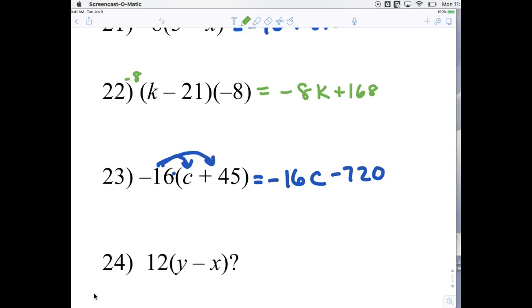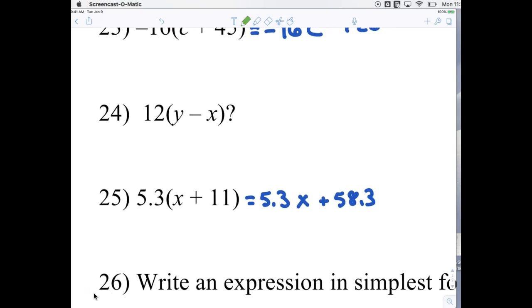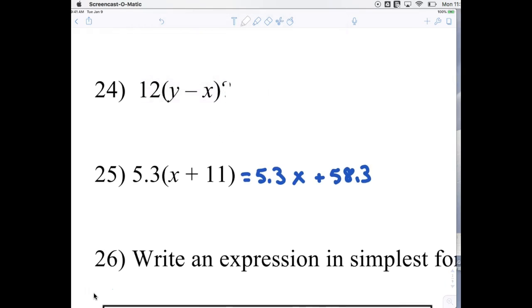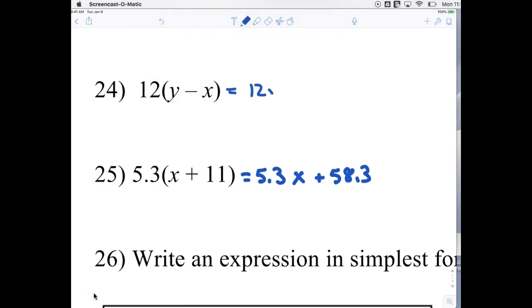Good? All right. Distributing 24. What would that be? That is correct. 12y minus 12x.